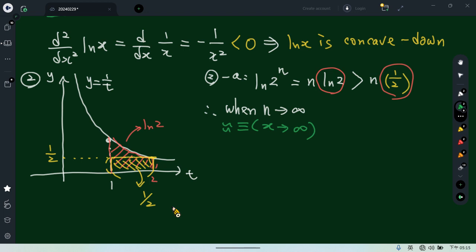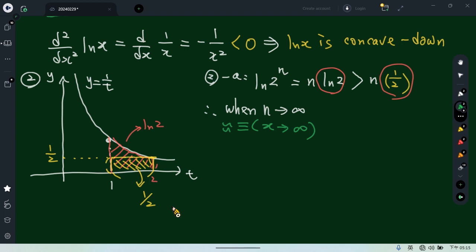Actually, this is not a very serious proof, but we can roughly estimate that when n increases to infinity, in the beginning it will be 1/2, 1/4, then 1/8, 1/16, 1/64.